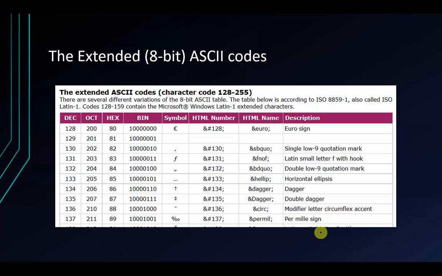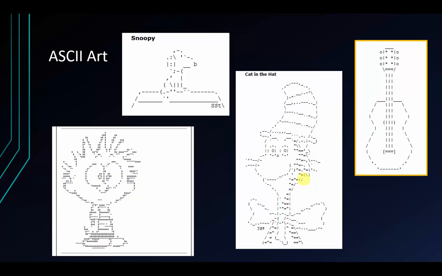The last bit is the 8th bit, which represents the character codes from 128 to 255, are mostly the odd ones that are really rarely used, that you're welcome to take a look at. And then finally, we'll wrap up our discussion of ASCII with what was not so boring.